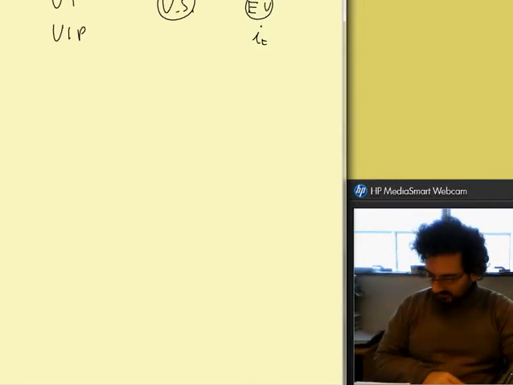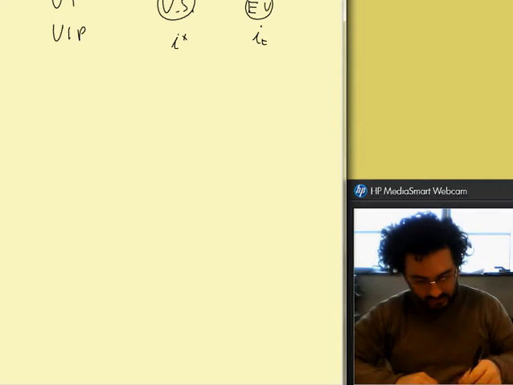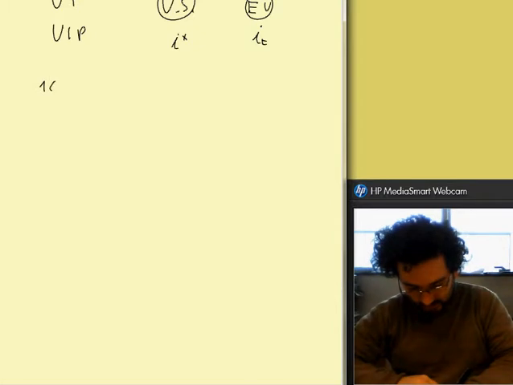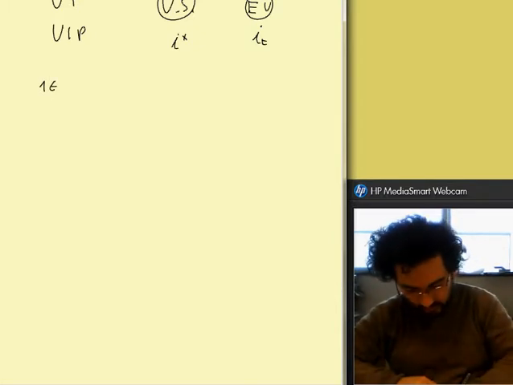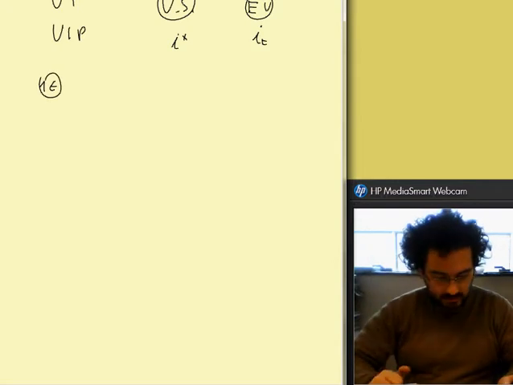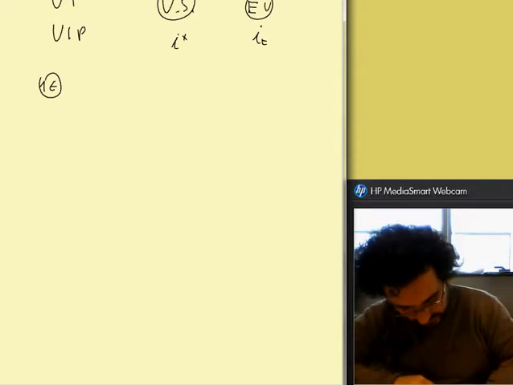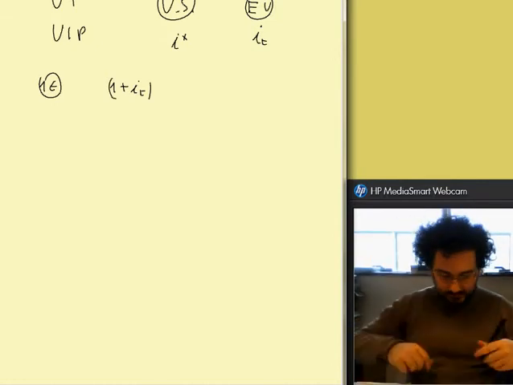The interest rate for a bond expressed in US dollars is i star. If our capital is €1, we can invest this €1 in a euro bond, and we get 1 plus i euro at the end of the year.